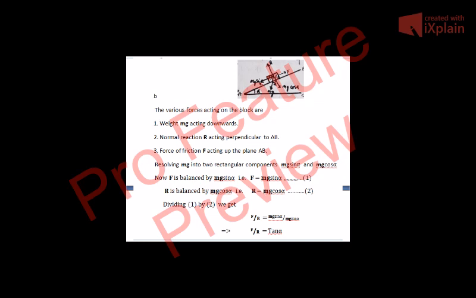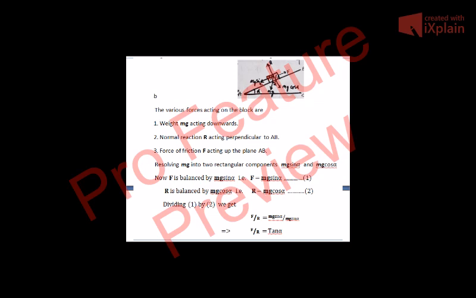And we suppose that the body begins to slide down. This is a block. Now, the various forces acting on the block are weight mg acting downwards. This weight tries to bring the body down vertically.